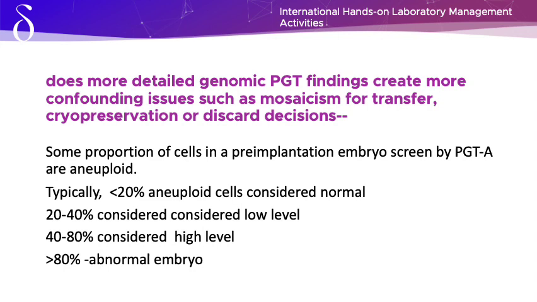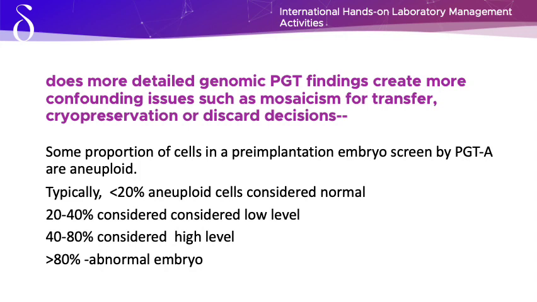And one consensus is that some proportion of cells in a preimplantation embryo screened for PGT-A are aneuploid. That's pretty clear. But what is the level of aneuploidy? When you're dealing with multiple cells used in the process of screening for next-gen sequencing, it's been suggested that typically about 20% or less, mostly less, of aneuploid cells is considered normal.